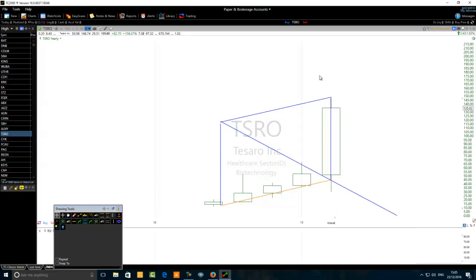Then we see what we call a distortion. The price is going up vertical. You can see this is a vertical progression, because if we extend the orange line, the price deviates too fast away from it.